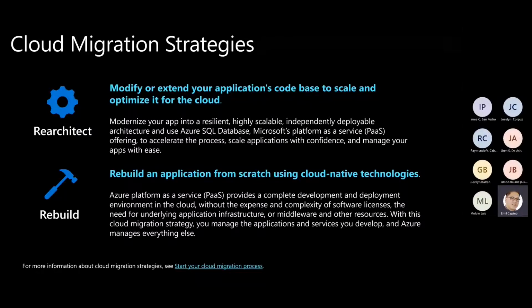So in this strategy, you decide not only to migrate your application, but also to re-architect or modernize your application to be able to leverage the latest modern applications or modern architecture in the cloud. So to be able to do this, you can either use or leverage the Azure SQL database, which is a PaaS, platform as a service offering from Microsoft.